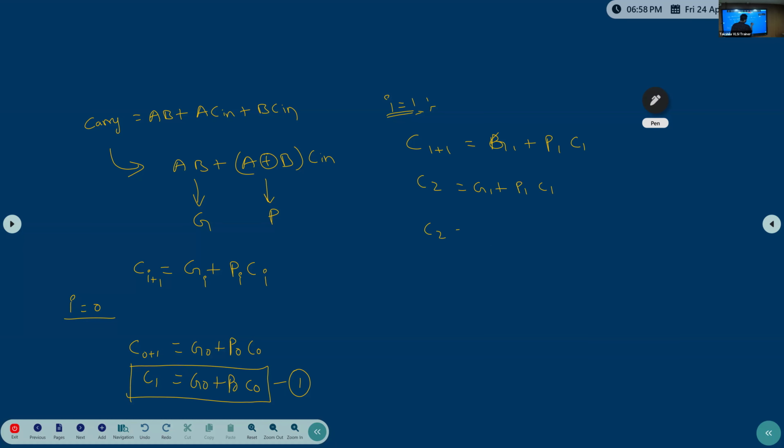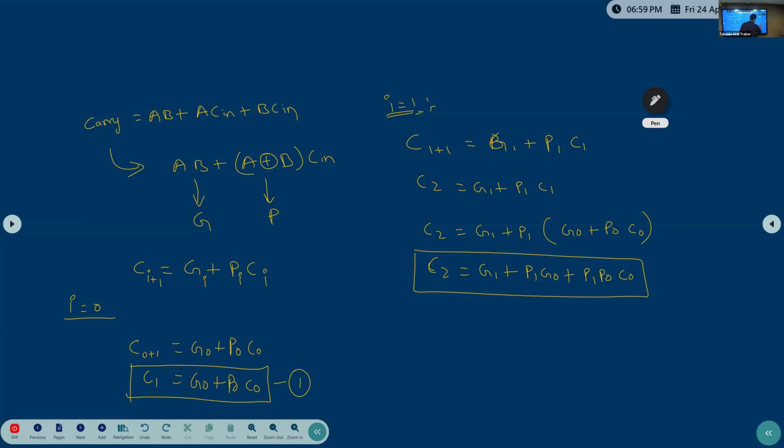C2 equal to G1 plus P1 in this place, G0 plus P0 C0. So C2 equal to G1 plus P1 G0 plus P1 P0 C0. Okay, this is the equation.